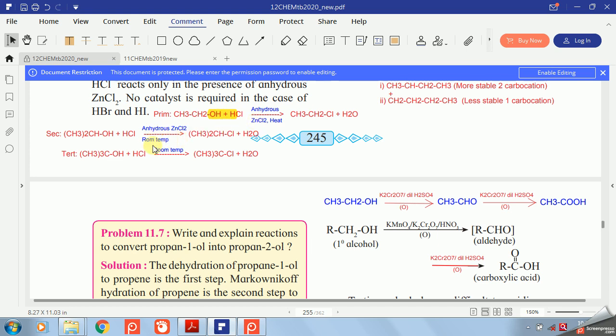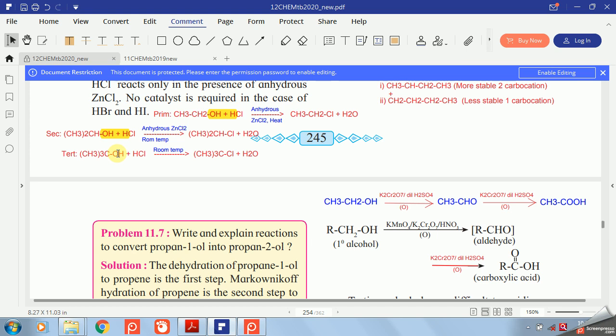The reaction can take place at room temperature, but it is less reactive than tertiary alcohol, so there is a requirement of anhydrous ZnCl2. Again, the hydrogen of HCl and OH from your alcohol combine and form water.